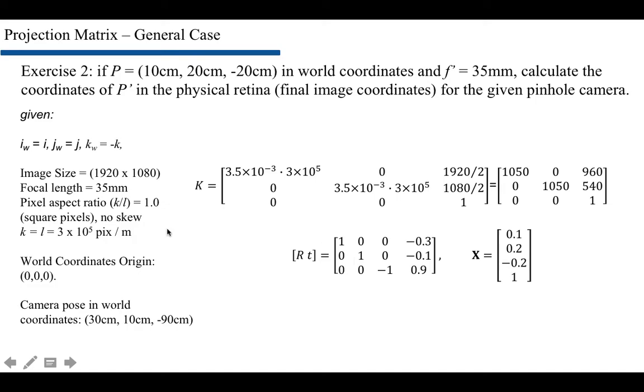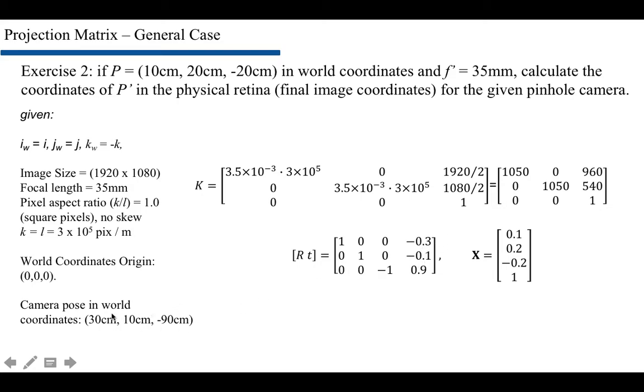And of course, here, if you remember, we have the camera pose. The translation that must be done for each one of the points from the world coordinate system to the camera's coordinate system should be the negative of this value, because these are actually the camera pose in the world coordinate system. So we need to do the opposite translation.